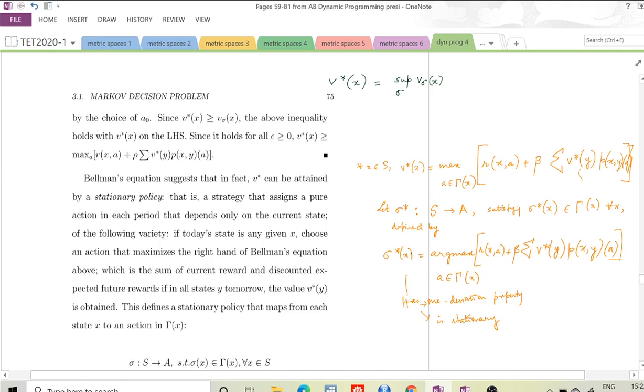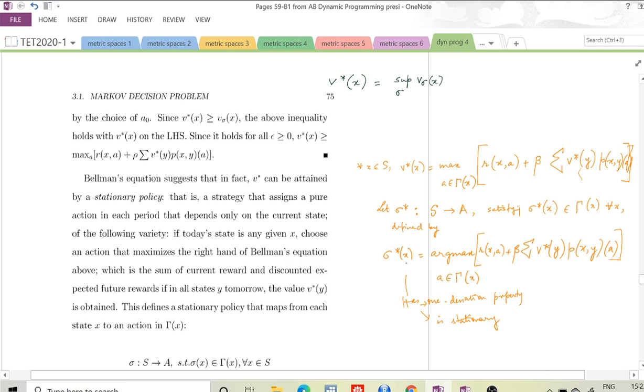Where the action sigma star of x is the maximizer of this right-hand side. It's the argmax, right?